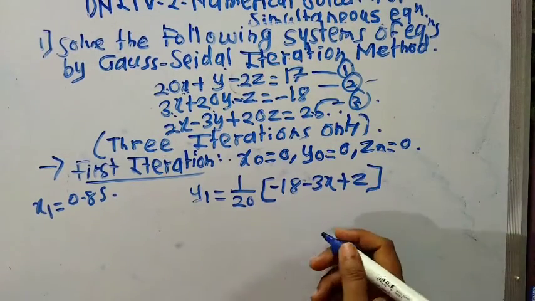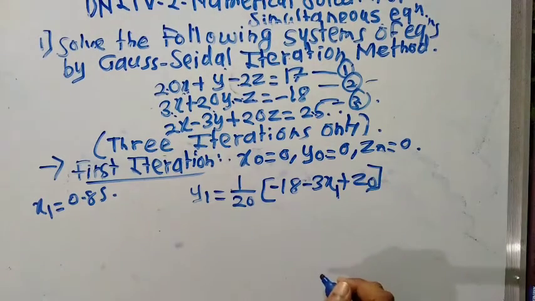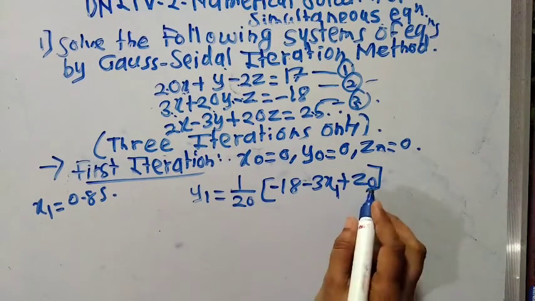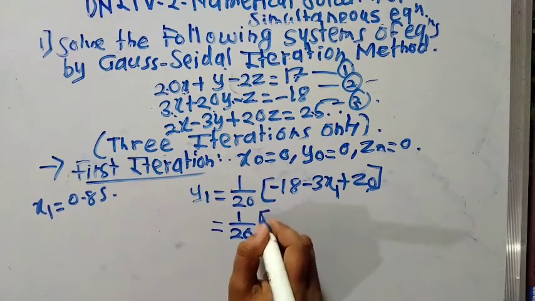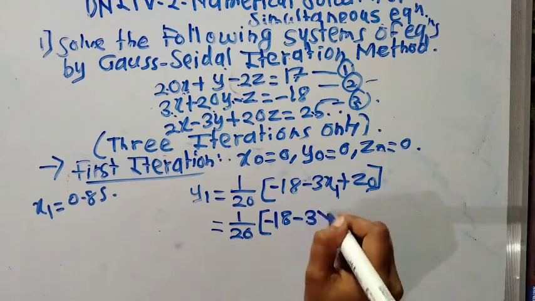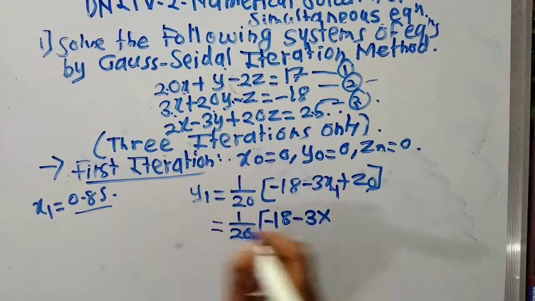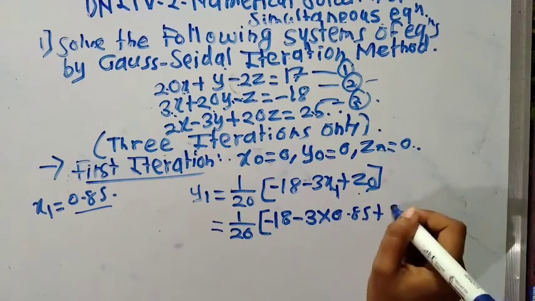Only here the change is x1 and z0. Then put this value: 1 divided by 20 into minus 18 minus 3 into x1 is 0.85 plus z0 is 0.